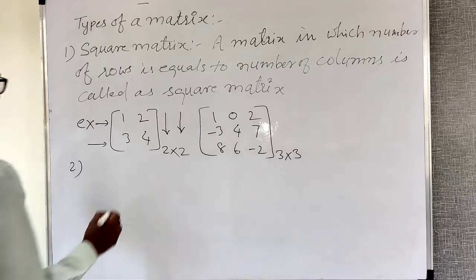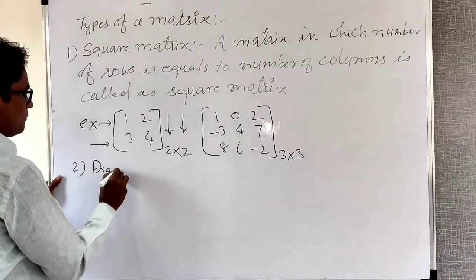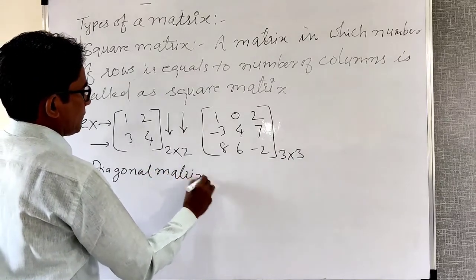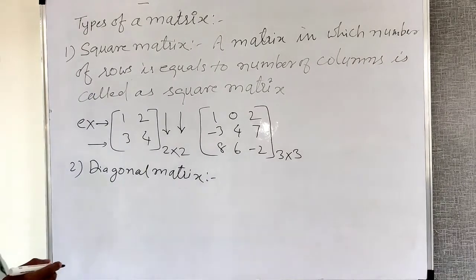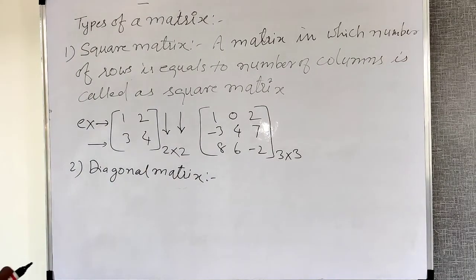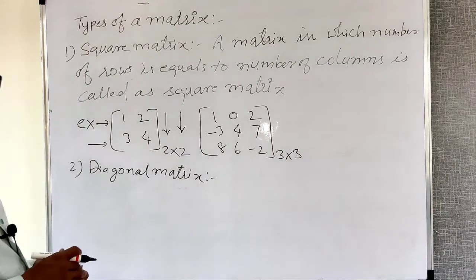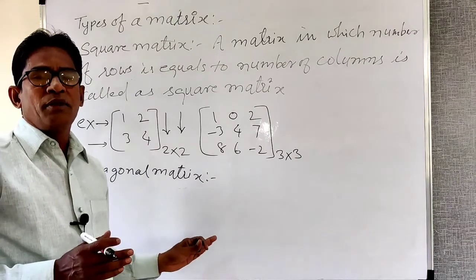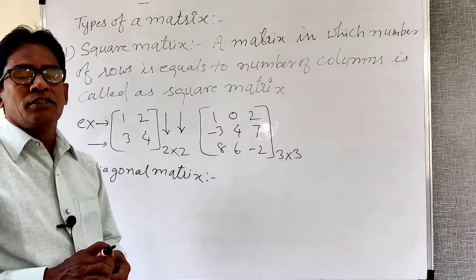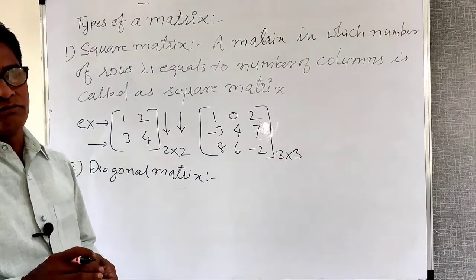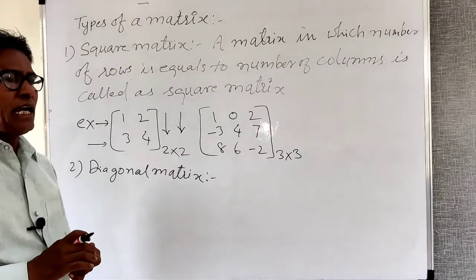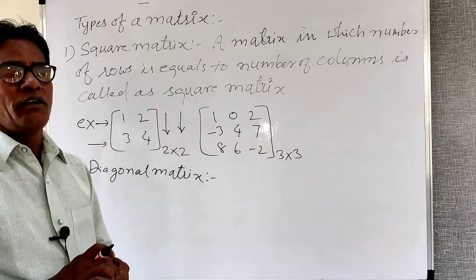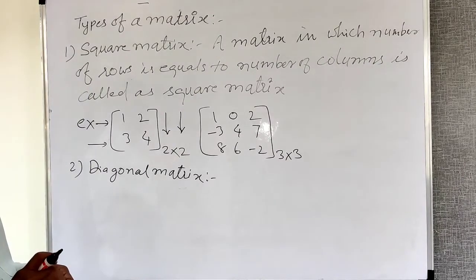Then second one is diagonal matrix. So what is diagonal matrix? In a square matrix, all the elements equal to 0 except diagonal. That means the non-diagonal elements of a square matrix are 0 and diagonal elements should not equal 0.